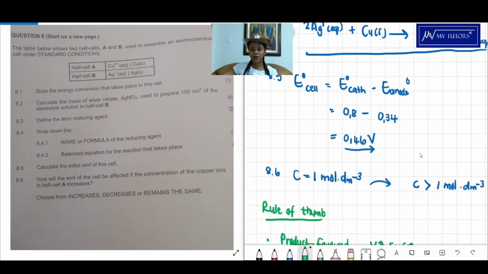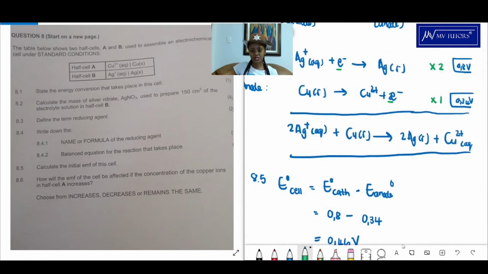According to our balanced equation, we are saying that for half cell A, the concentration is increased. So we are increasing the copper ion content. So what does Le Chatelier say? It says if you're going to increase anything on the product side, think about a seesaw.